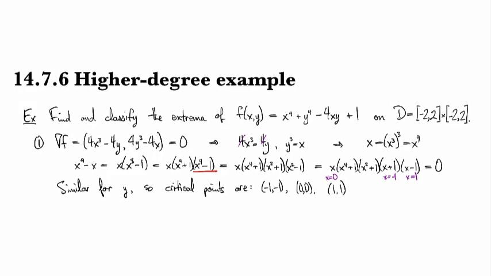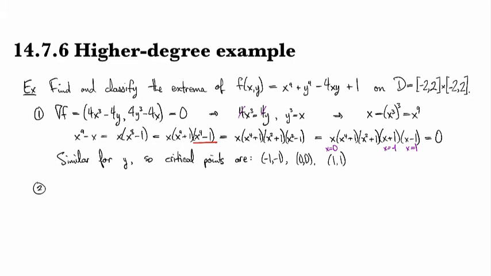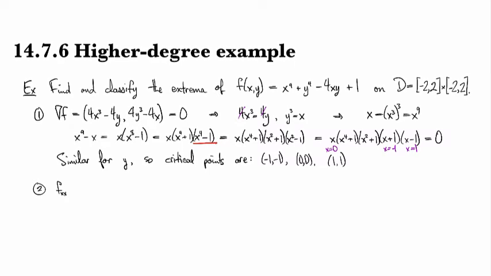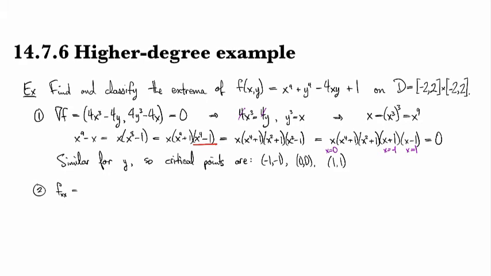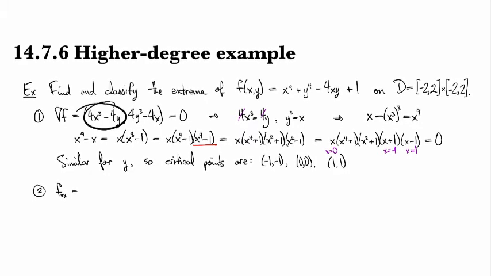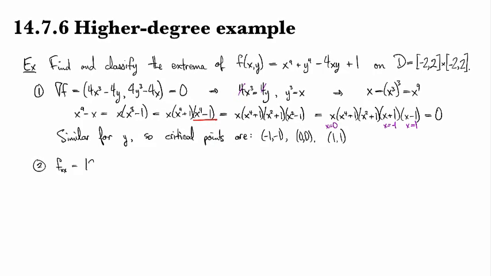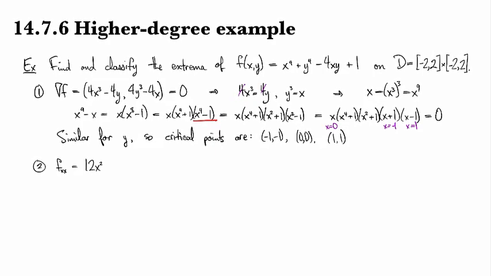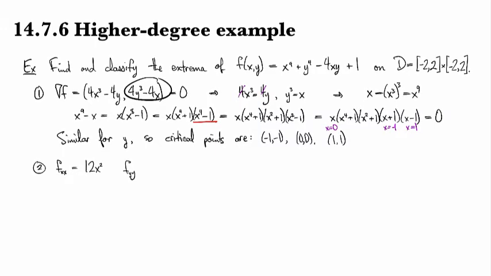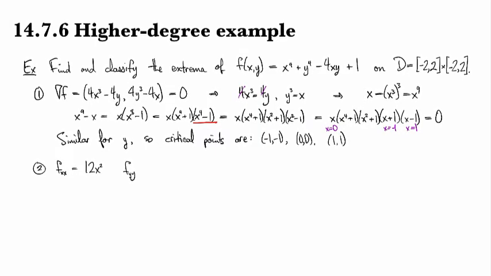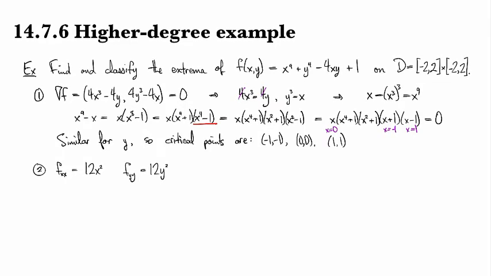So now we proceed to the second derivative test. We'll need the second partial with respect to x. So we do d/dx of this, and that'll be 12x squared, and then d/dy of this, so that will be 12y squared.